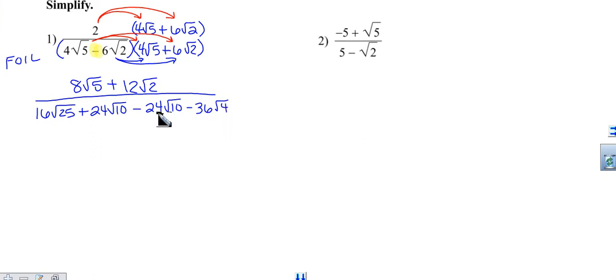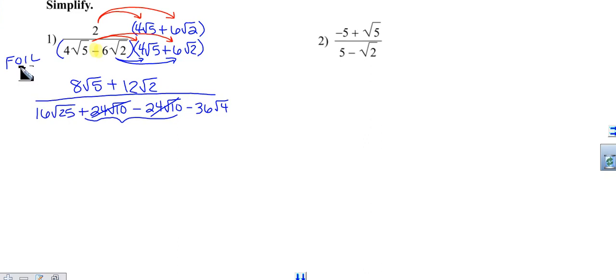Now it's time to clean up things and simplify what we can. I do want to point out these two middle terms, they're exact opposites, meaning a positive 24 and a negative 24, and I can cancel them out. That is going to be true every time you multiply conjugates.